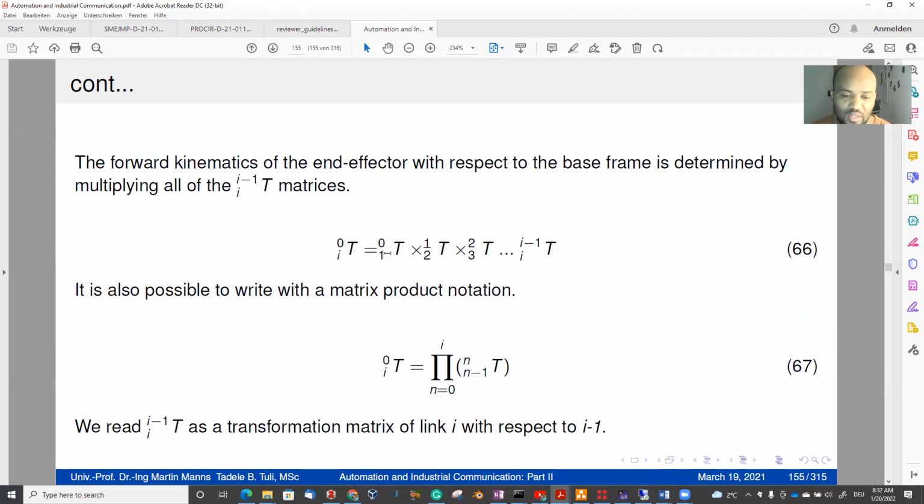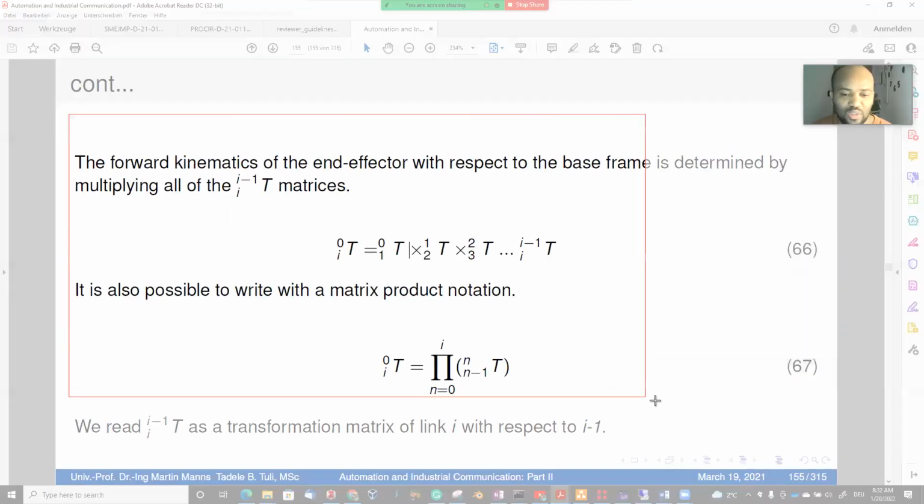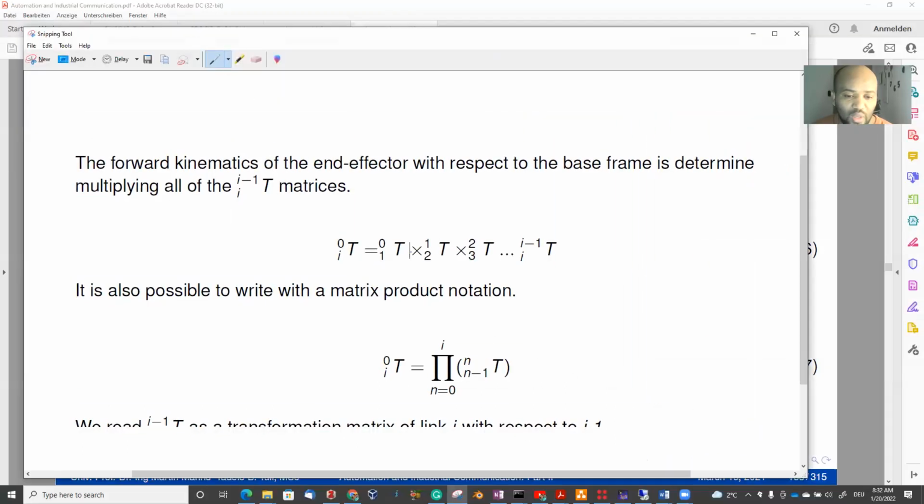Now these cancel each other. For example, when you do the matrix manipulation, this one will cancel this one, this 2 cancels this 2, this 3 cancels this 3, i minus 1 here cancels this one, and finally it becomes T from 0 to i.